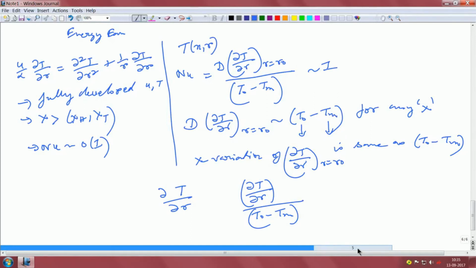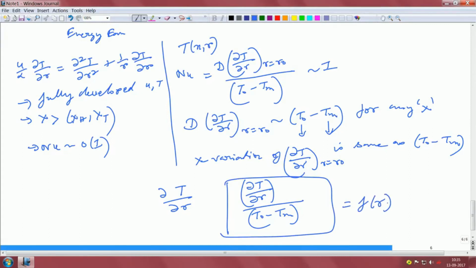So is there a possibility of stating that this is going to be a function of r only? That is our main objective. We will stop here. In the next class we will find out how we can conjure up a definition for the temperature field which is a function of r only. See you next class.